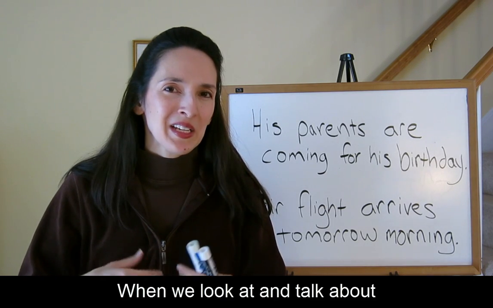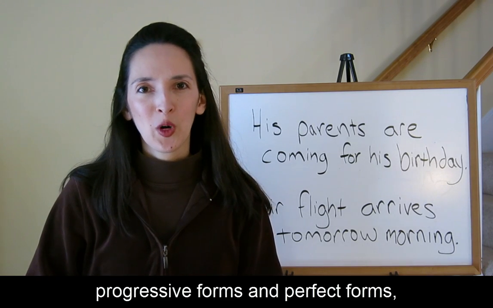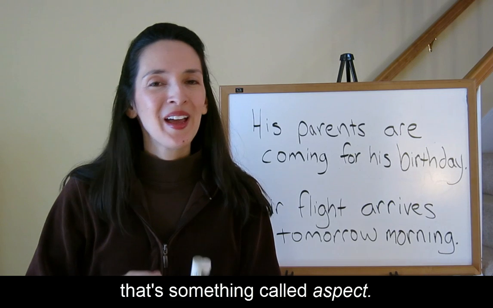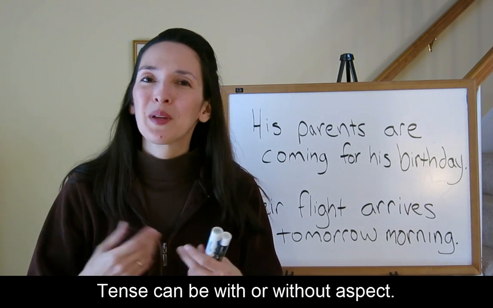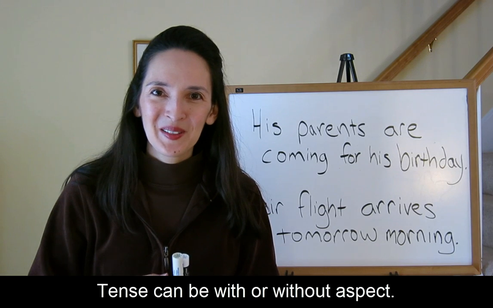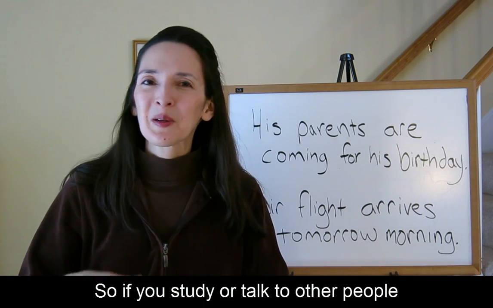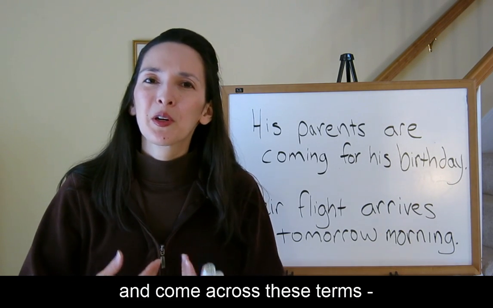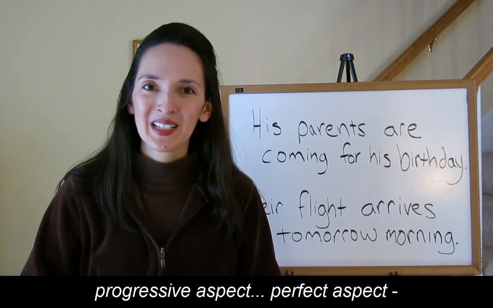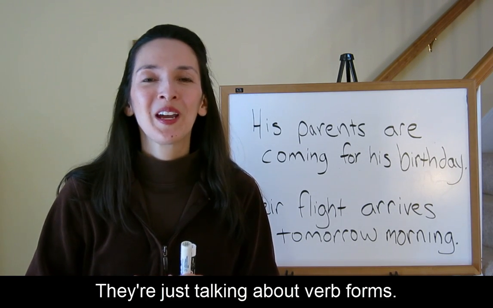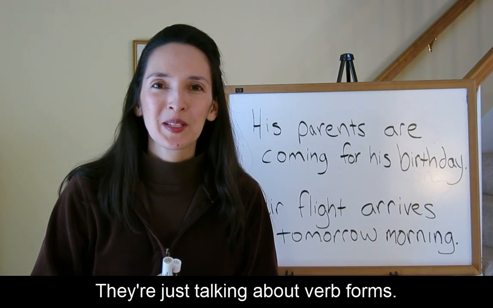When we look at and talk about progressive forms and perfect forms, that's something called aspect. Tense can be with or without aspect. So if you study or talk to other people and come across these terms, progressive aspect, perfect aspect, don't be confused. They're just talking about verb forms.